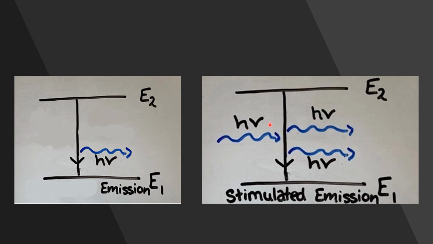So one photon incident on the atom releases a second photon. These are related. They have the same phase and the same frequency and wavelength. So we use one photon to stimulate or to encourage the emission of a second photon, hence we have stimulated emission.